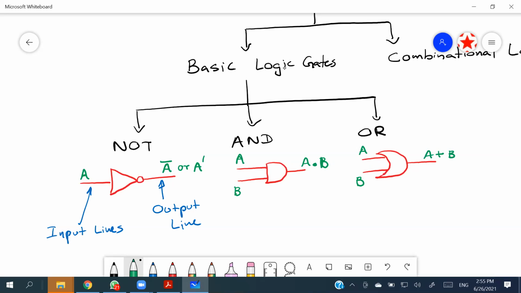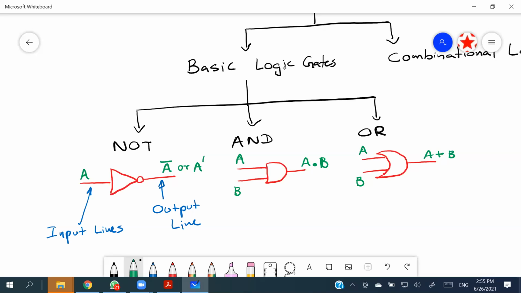If you take multiplication in mathematics, we indicate multiplication by a dot. Addition in mathematics, we indicate using a plus. In the same way, we call this AND operation Boolean multiplication.